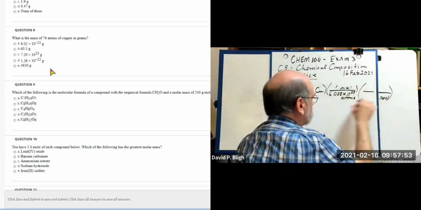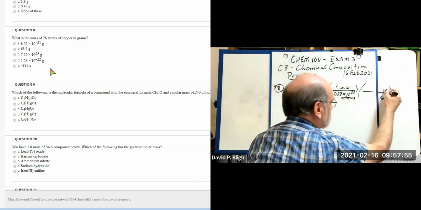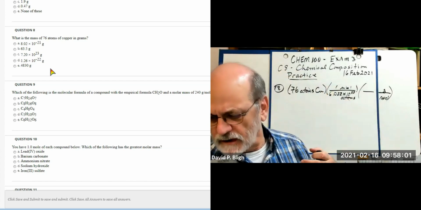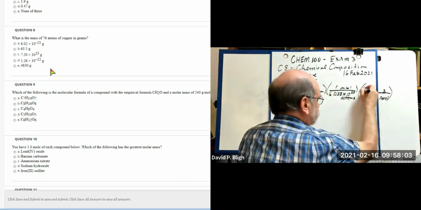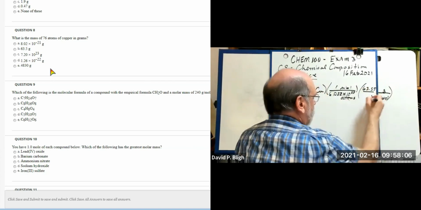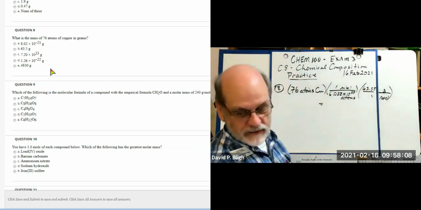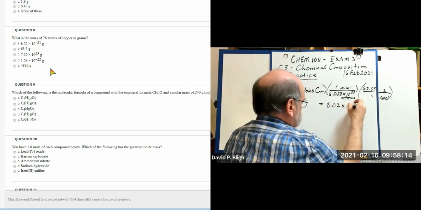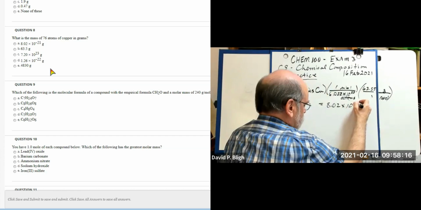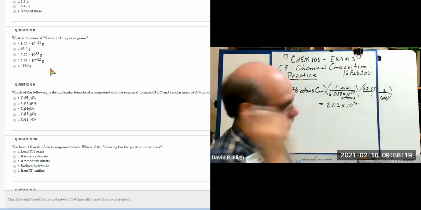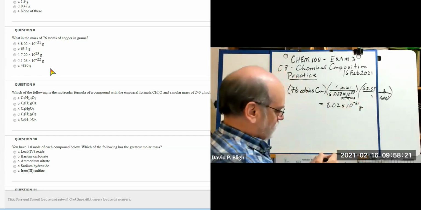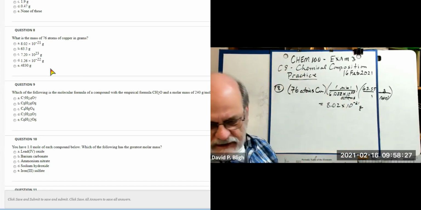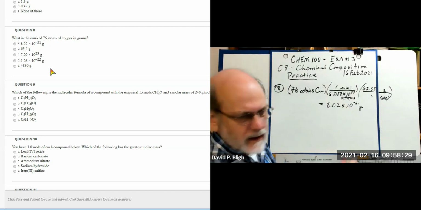So our moles cancel, our atoms cancel. It leaves us with grams here, but we need, what's the molar mass of copper? 63.55. Right? And that gives you the 10 to the minus 21 grams. Let's see, that was A, wasn't it? Yeah, A.